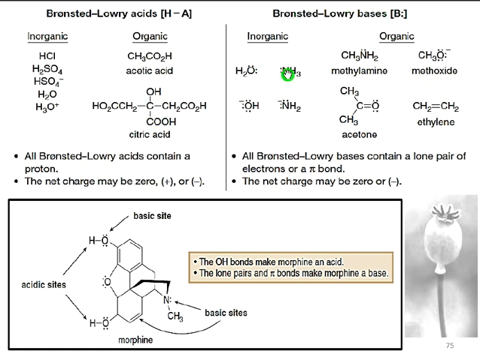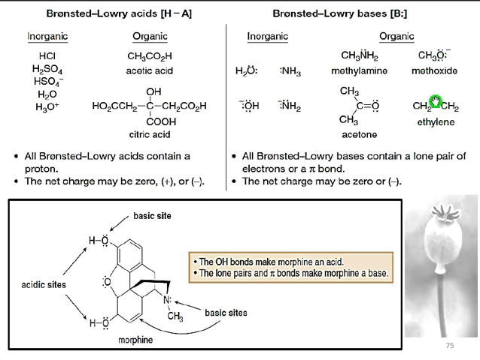For the Bronsted-Lowry bases, look at these bases: the H2O has an available lone pair of electrons. The NH3 is a base and has a lone pair of electrons. OH minus has a full negative charge, that means it is a very strong base. Also NH2 minus is a strong base. The acetone, because it has a lone pair of electrons on the oxygen. Methylamine also has a lone pair on the nitrogen, and the methoxide with negative charge is a strong base.